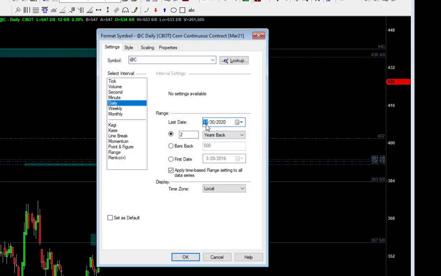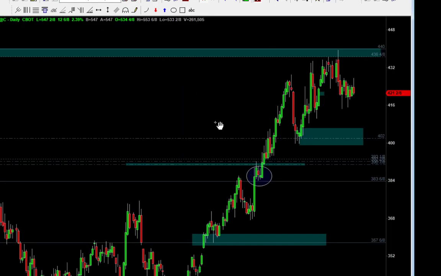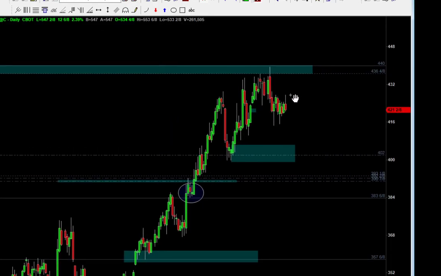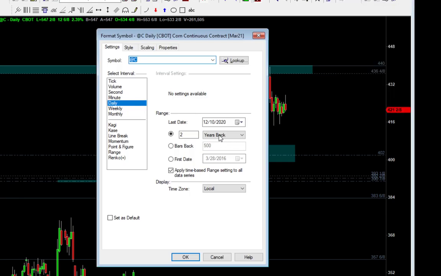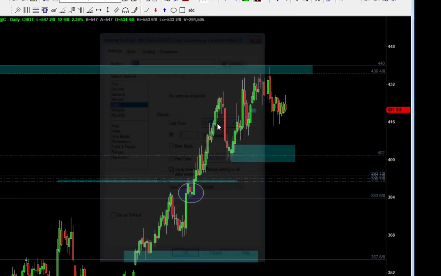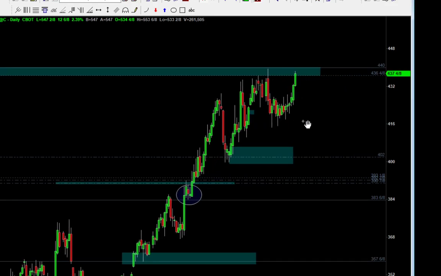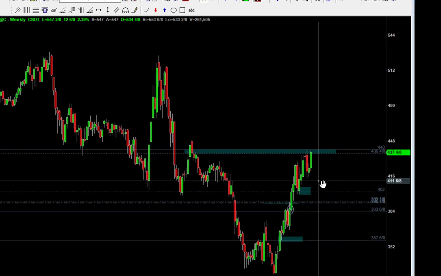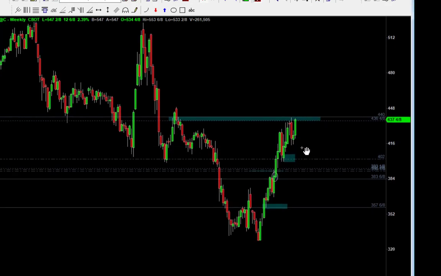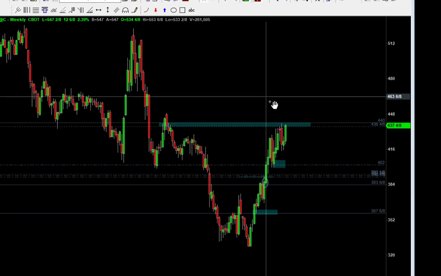Couple days in advance. 12, 10. Wow, look at that range, just ranging for the winter. 18. Okay, there we go. This thing's blasting. Yeah, it's about to blast off.